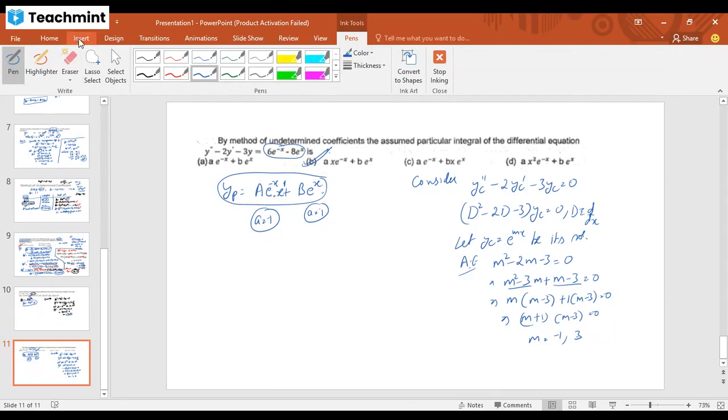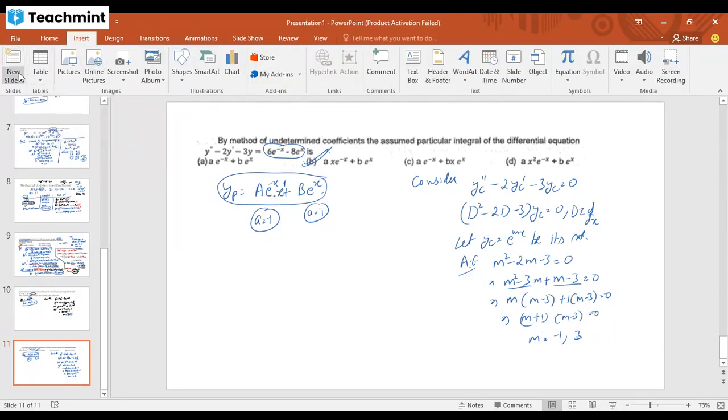I think I forgot to add one question here based on the algebraic function.